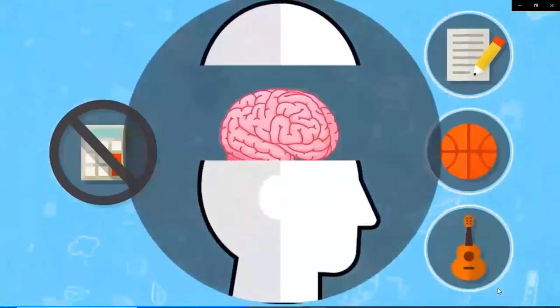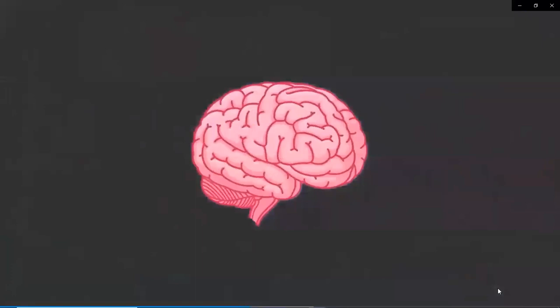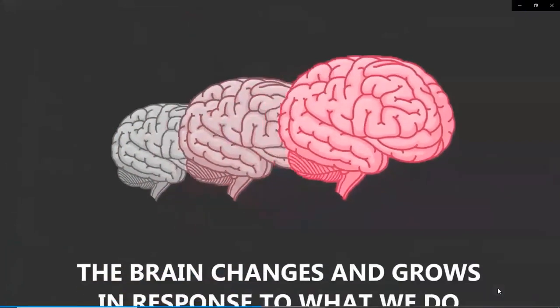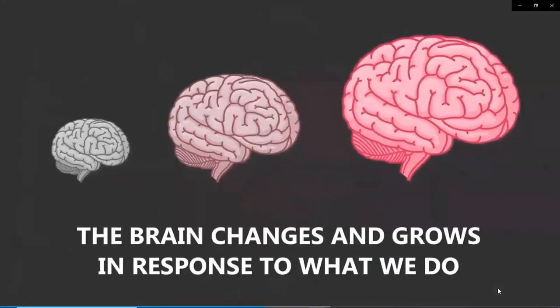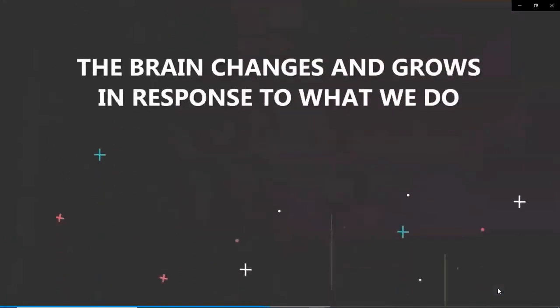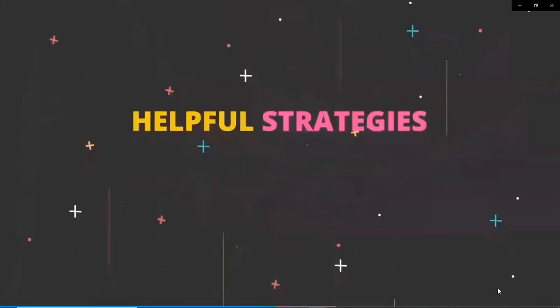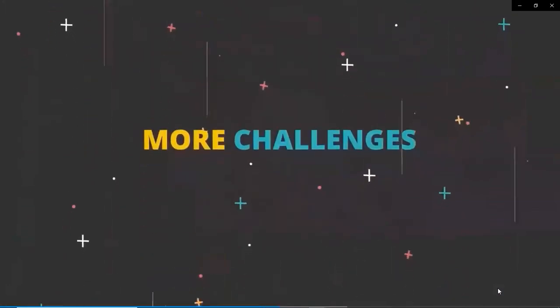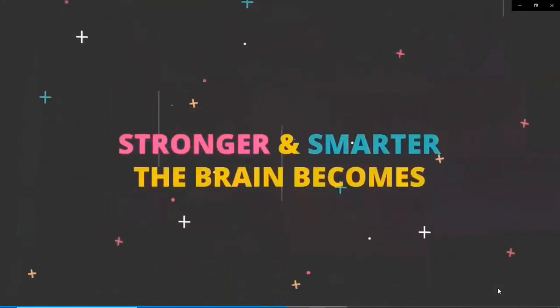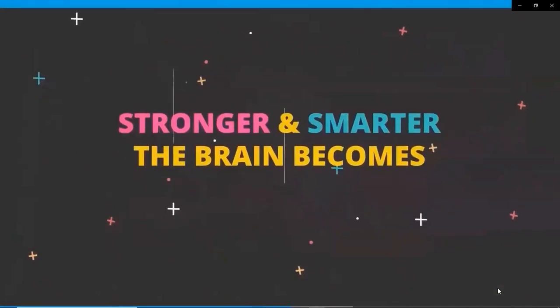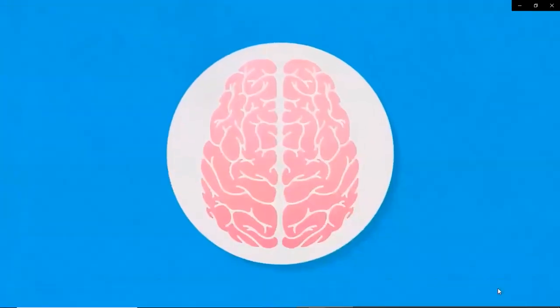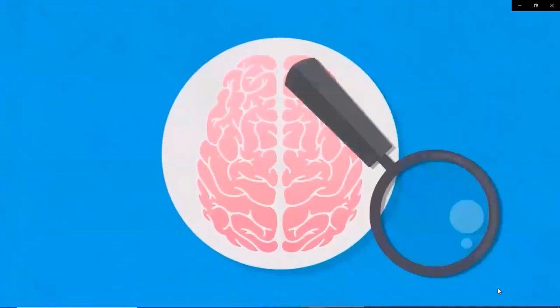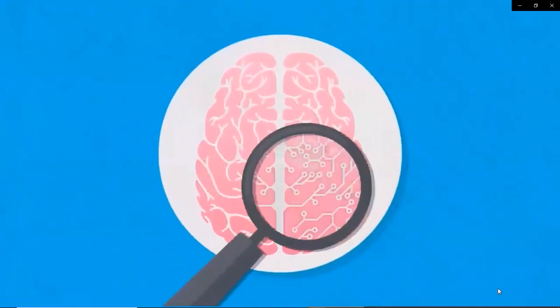In fact, scientists who study the brain have found that the brain is like a muscle. It changes and grows in response to what we do. The harder we work using helpful strategies and the more challenges we face, the stronger and smarter the brain becomes. This is because the brain is made up of cells called neurons, which are connected to each other.